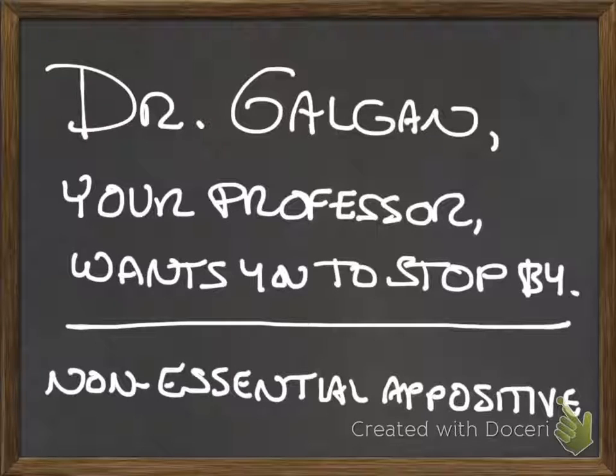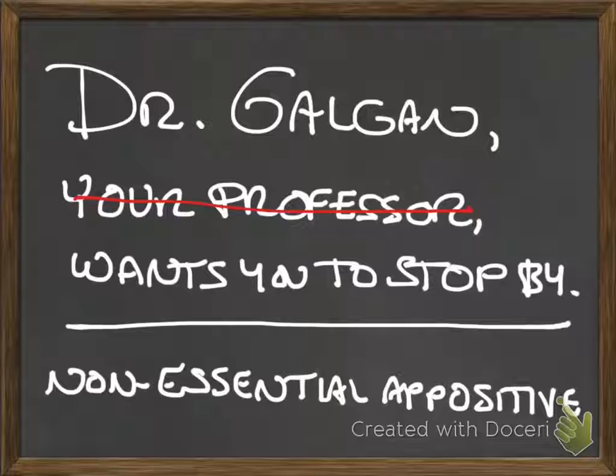If, however, the person came up to you in the hall and said, Dr. Galgan, your professor, wants you to stop by, well, that's a non-essential appositive. If the person said to you just, Dr. Galgan wants you to stop by, you would know who it is who wants to see you. And that's all the essential information in the sentence.